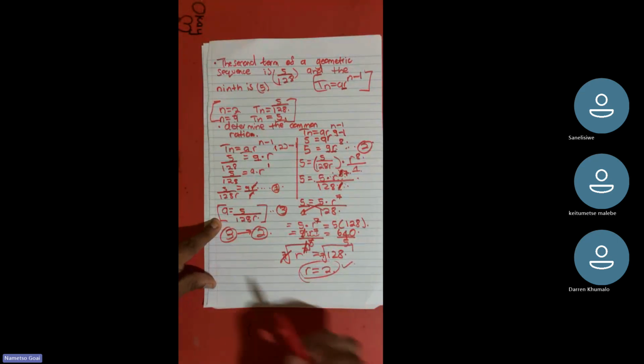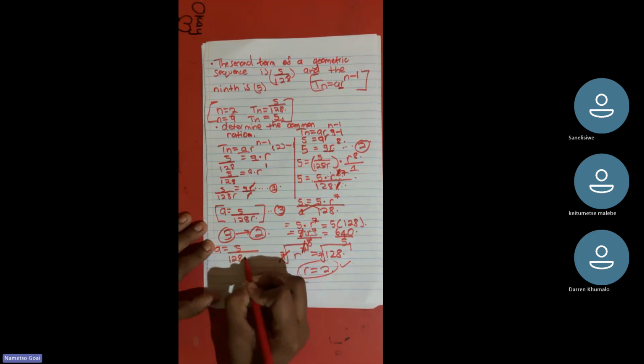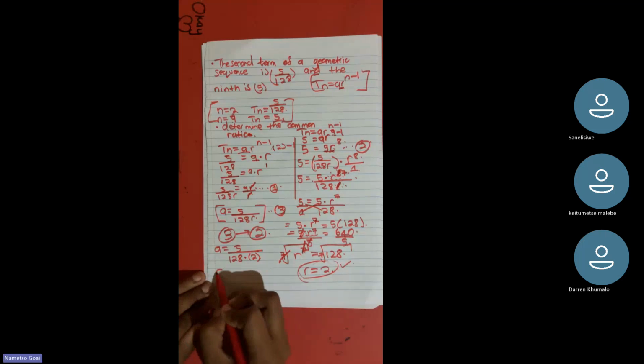But for the sake of the question, let's just take this R and substitute it back into A, so that we can have our A as well, A being our first term. So we'll have A equals 5 divided by 128 multiplied by, what is the R? 2.